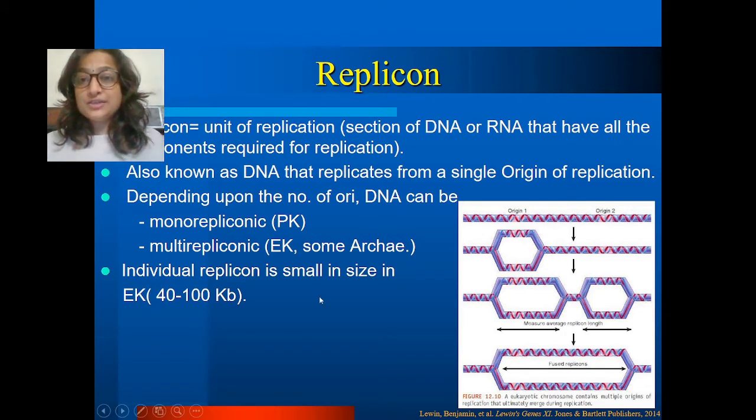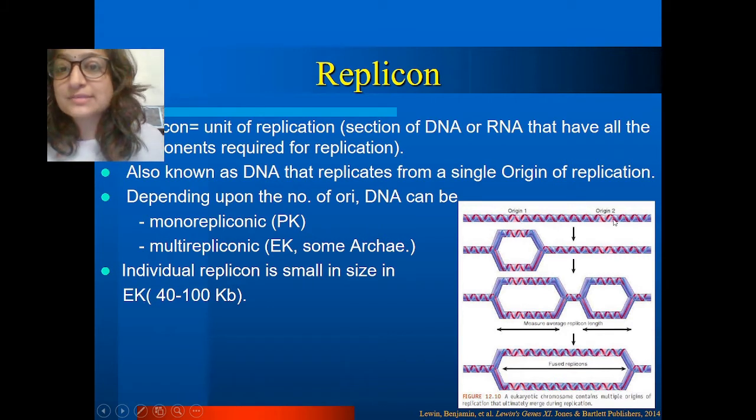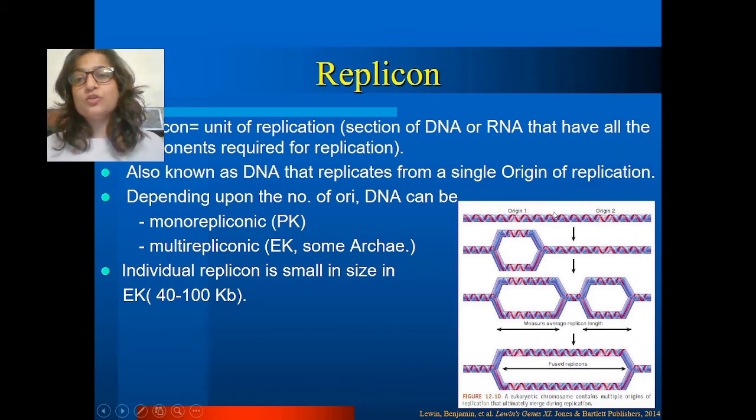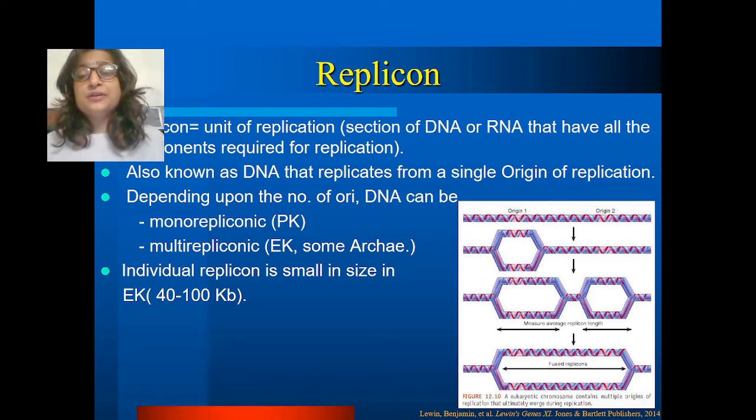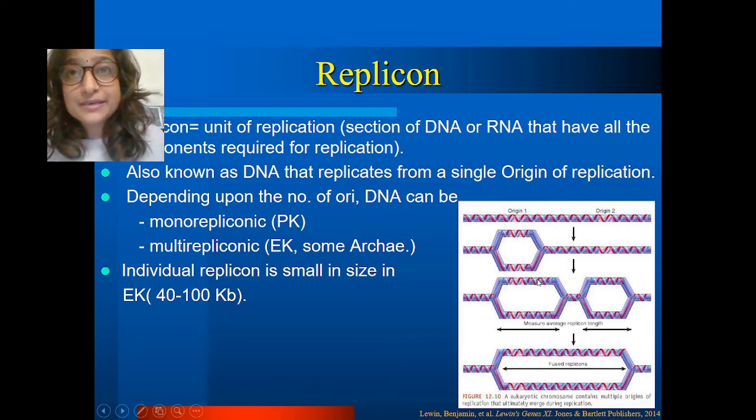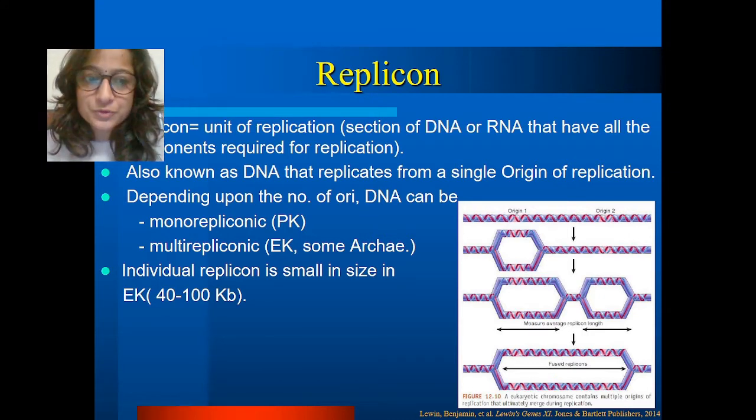If you look at the figure, you have many origins in the eukaryotic genome, and each origin is a component of one replicon. Whenever replication has to initiate, it proceeds by engaging certain replicons, and later on the replicons are fused together to cover the whole genome.